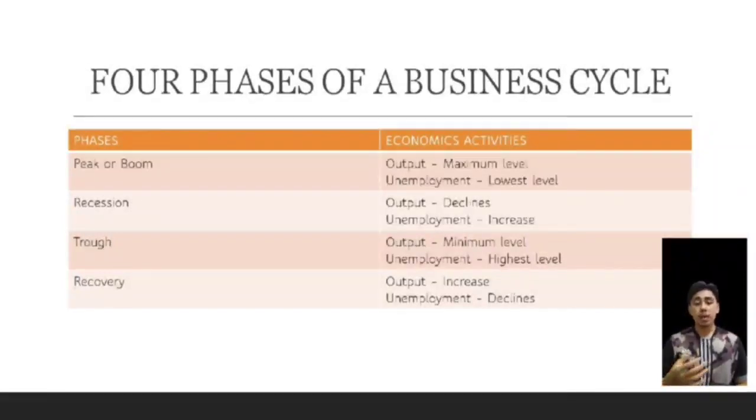The first is peak or boom. The economy will experience a high level of output and trade, increasing effective demand and higher employment level and income. The second is recession. A decrease in the volume of output, trade and transaction, and increase in the level of unemployment.